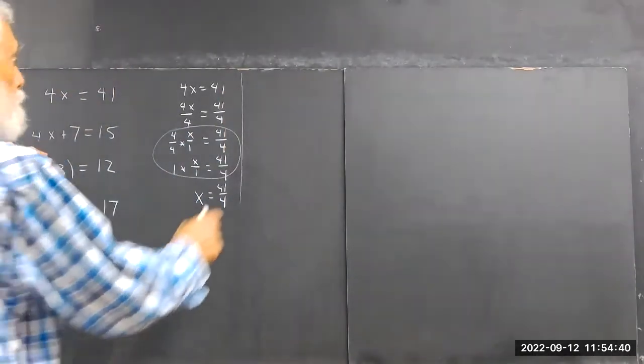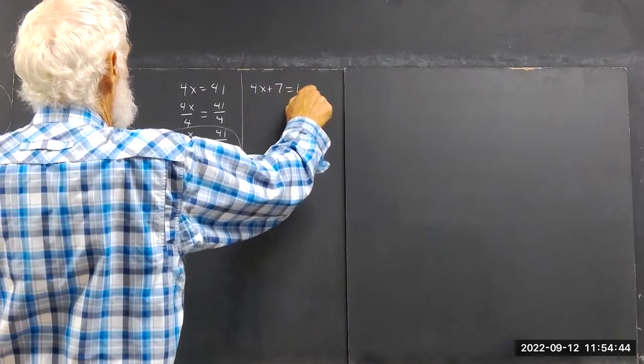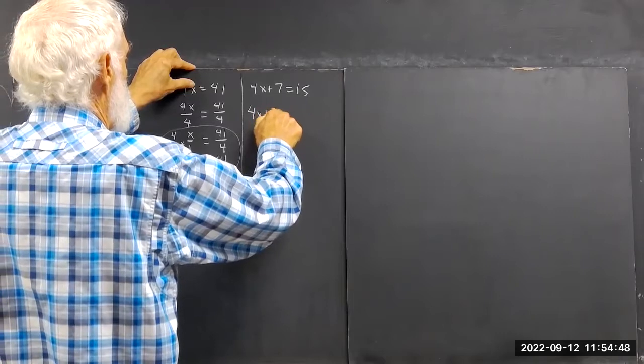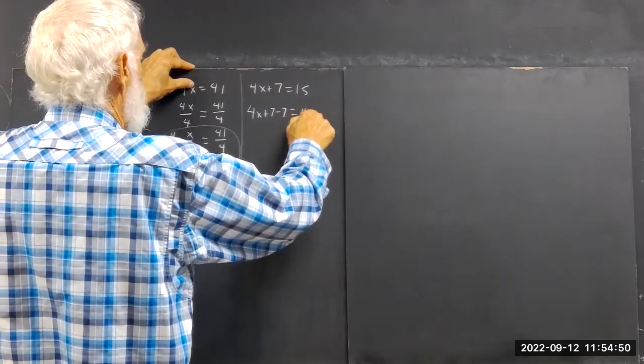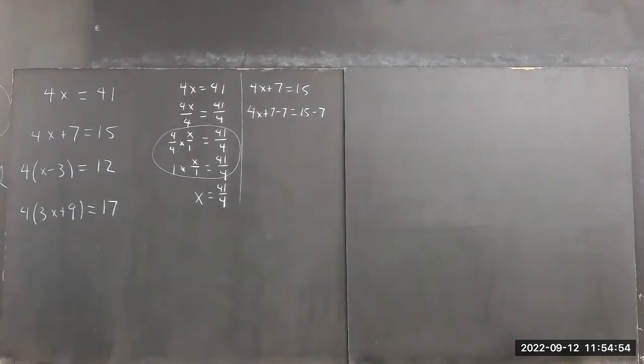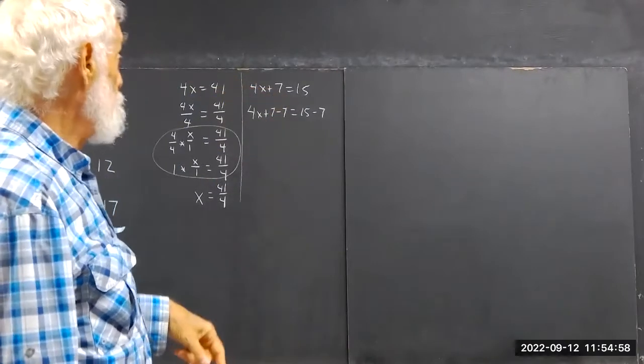Okay, so anyhow, let's take this 4x plus 7 equals 15. Well, you subtract 7 from both sides. Now, you might want to write it underneath this equation.